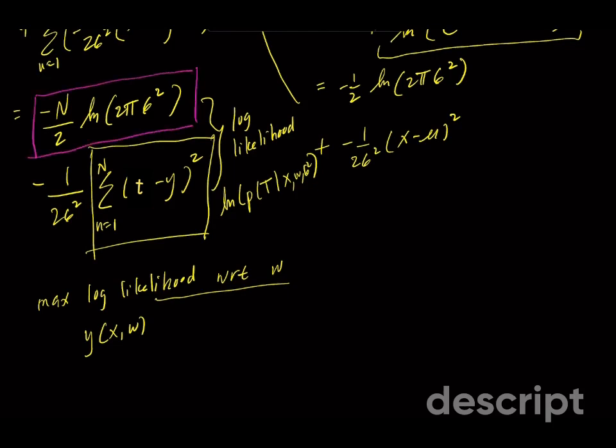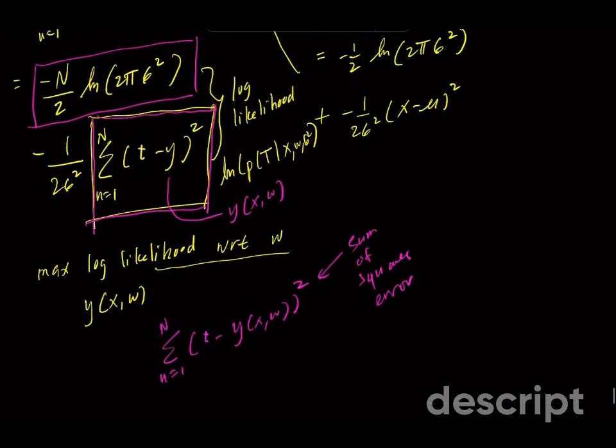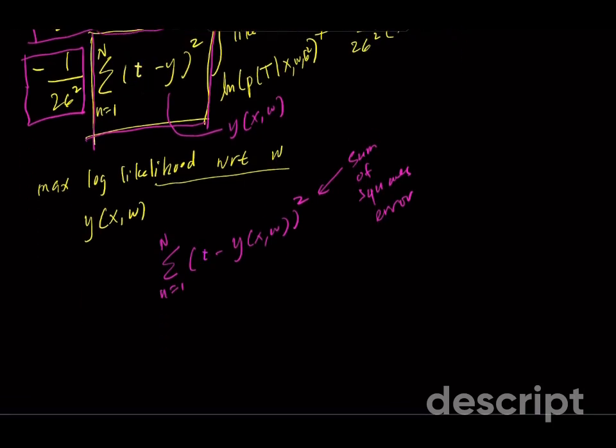So we don't need to think about that with respect to w. The only term that will be affected is this term because y is a function of w. So it's y of x, w. The sum from n equals 1 to N of (t minus y of x, w) squared is the sum of squares error. Notice the negative sign here, which means that maximizing the log likelihood implies minimizing the sum of squares error.